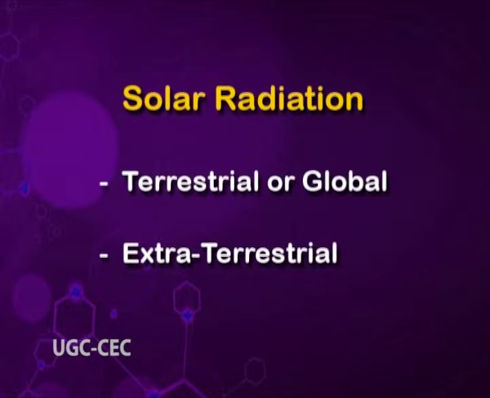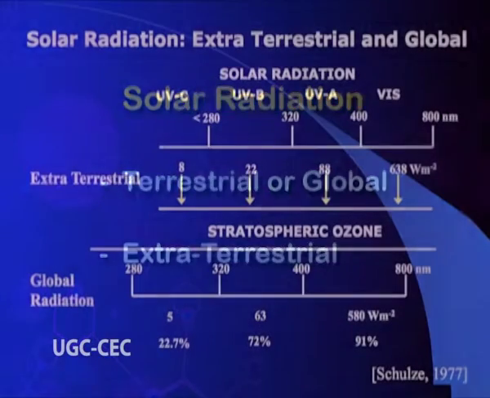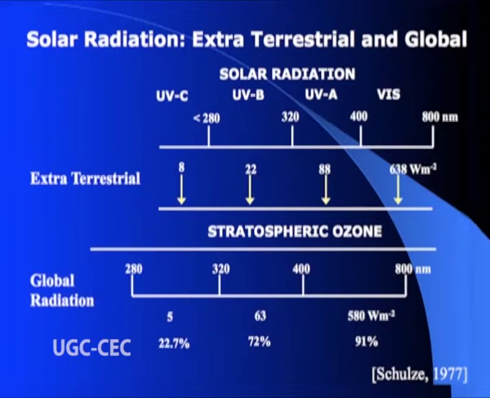Solar radiation can be distinguished as terrestrial or global, and extraterrestrial. Global radiation is the sunlight received at the Earth's surface, and extraterrestrial radiation is the radiation that can be seen 25 kilometers above the surface of the Earth beyond the stratosphere.